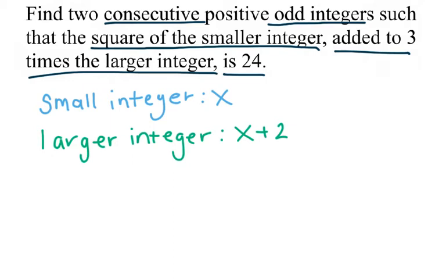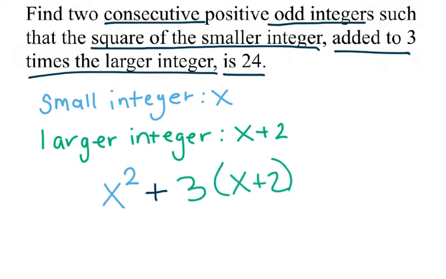Okay, so we're just going to read from left to right. The square of the smaller integer. The smaller integer is x, and if I square it, it's just x squared. Added to 3 times the larger integer. Is, anytime you see the word is in math, equals 24.